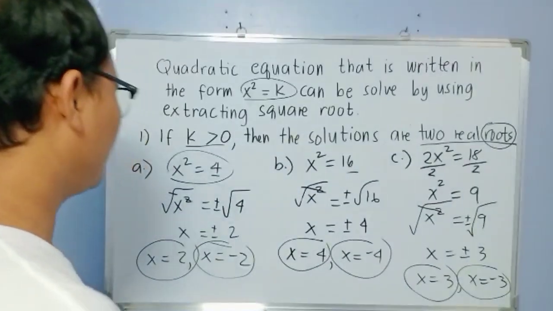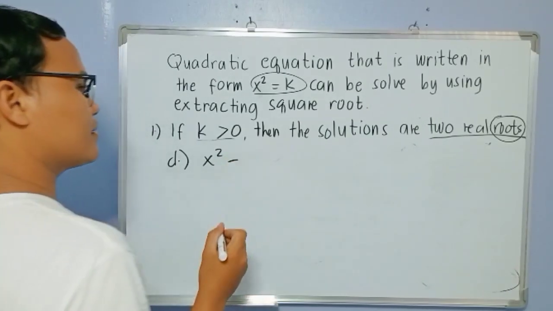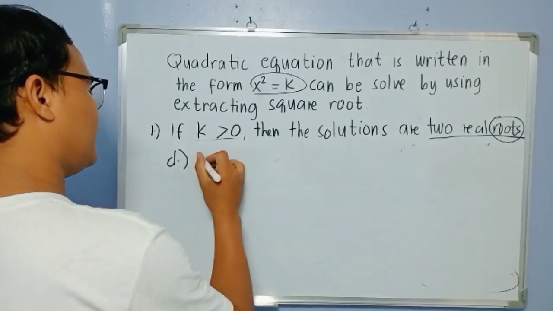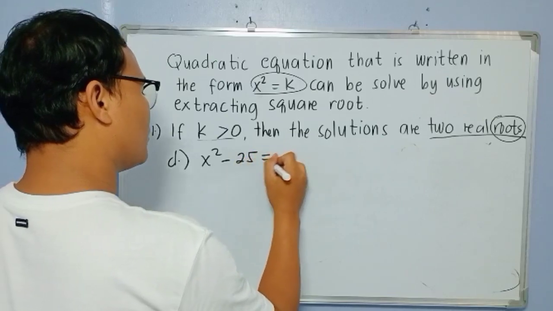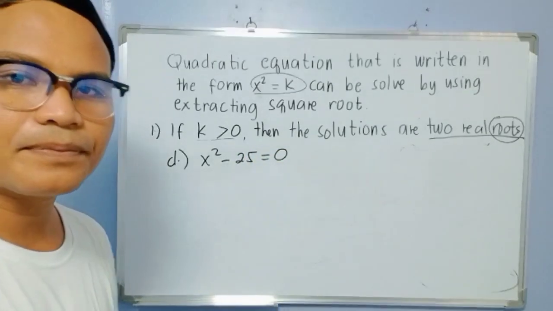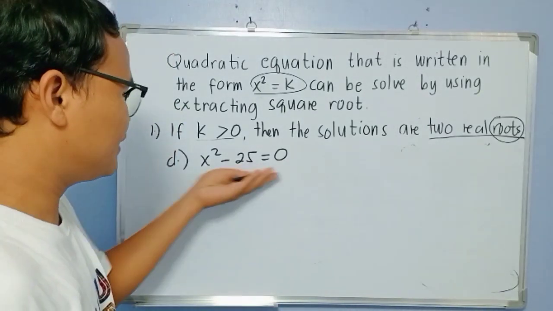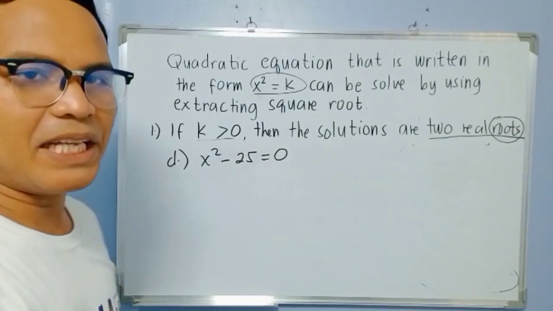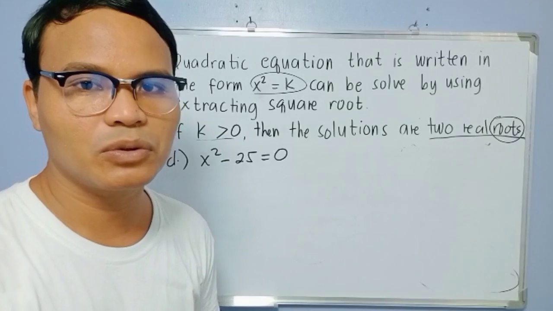Okay? More example. x squared minus 25 equals 0. Now, in this example, we cannot directly apply extracting square root.